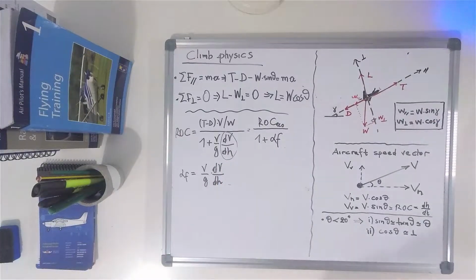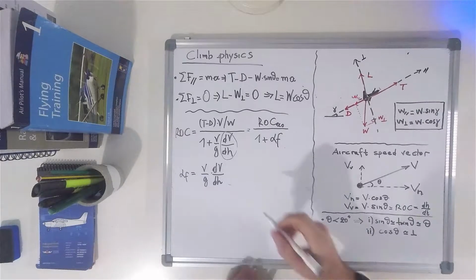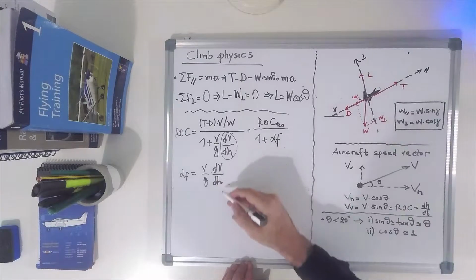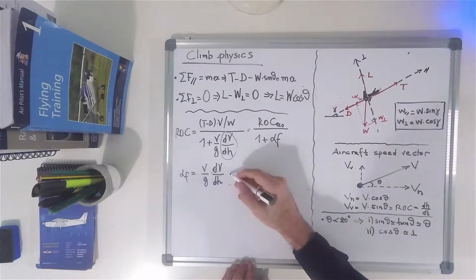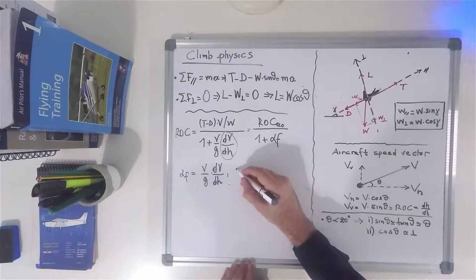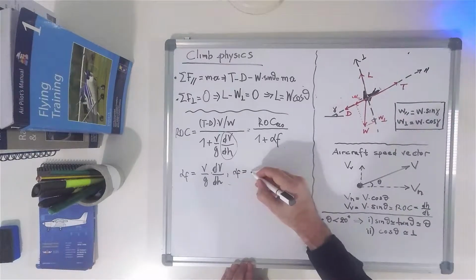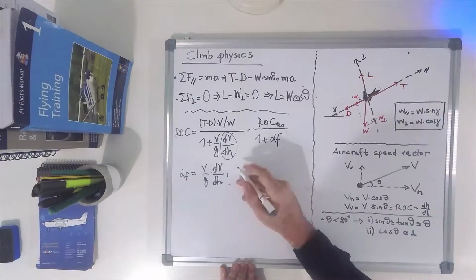Of course, we can see that if the aircraft speed is constant when it's climbing, then this term, the change of speed over altitude, will be zero. So, in that case, the acceleration factor also will be zero.